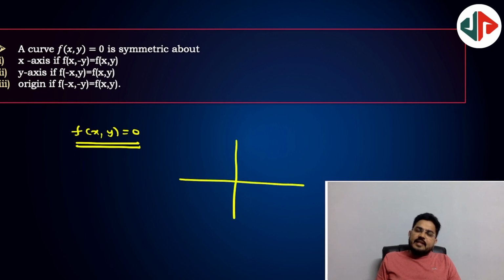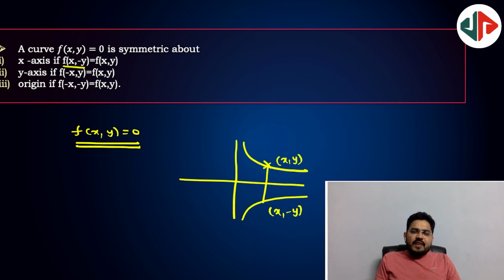This is the x-axis. If the curve is like this, anything symmetric to it with respect to the x-axis will be like this. For example, here x comma y is a point. Its image with respect to this one is x comma minus y. That's why if f of x comma minus y is equal to f of x comma y, the curve is symmetric about the x-axis.